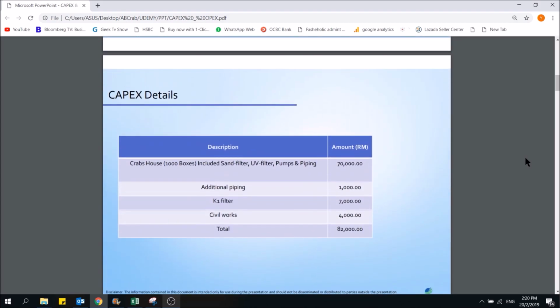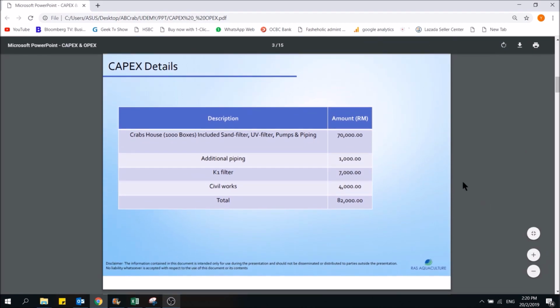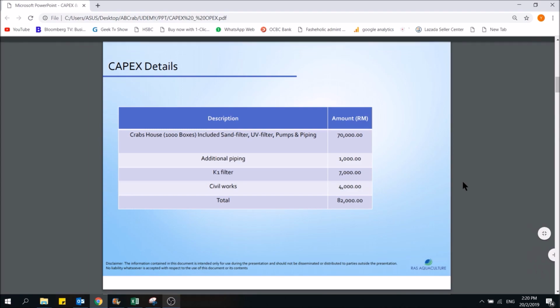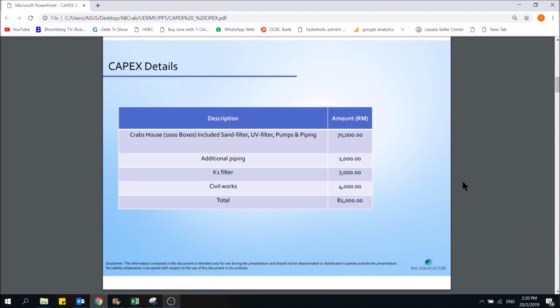So for us, how much do we actually spend on building up this system? These are our initial capital cost details. All of the crab houses, sand filter, UV filter, pumps and piping were from a Chinese manufacturer, and the price to get it onto our doorstep was about 70,000 ringgit. Note that we are working in ringgit Malaysia, so do your appropriate conversions for your individual countries.